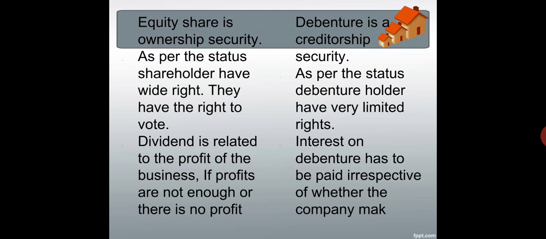Then the next point: as per status, shareholders have wide rights. They have the right to vote. Equity shareholders get the right to vote in the annual general meeting because they are the real owners of the organization, because they provide their own capital.